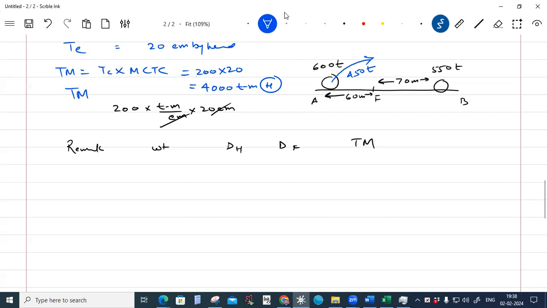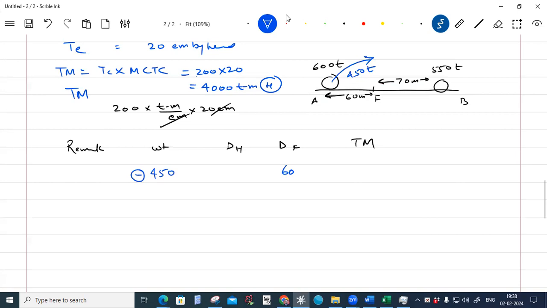We don't need the midship distance; the 60 is already given from the center of flotation. Got to be careful.